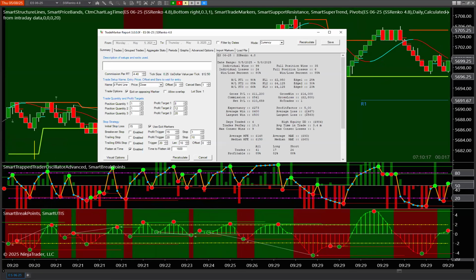Our profit factor is 500%. That means this is for 2 points, 3 points, and 5 points. We're 500% likely to profit on each trade we take, okay? Our expectancy is $273 every time it fires. One of the things people have noticed is we used to do 1.2 points, 5 points, 4, 8, and 20.